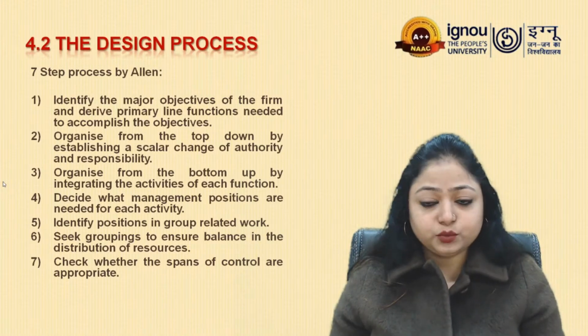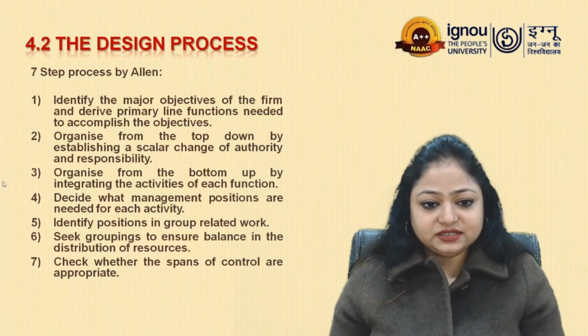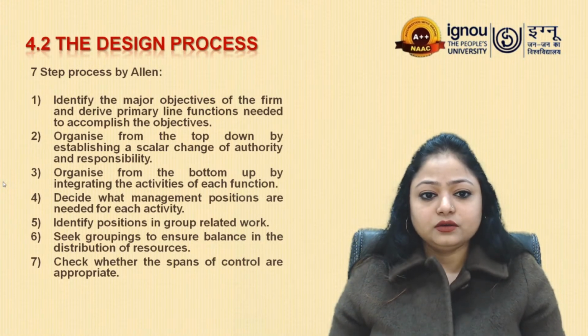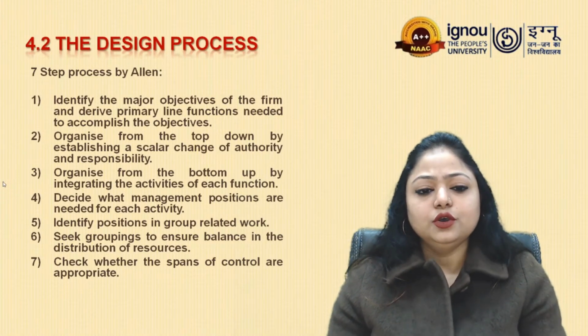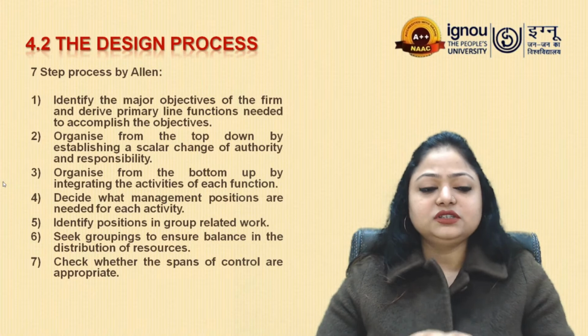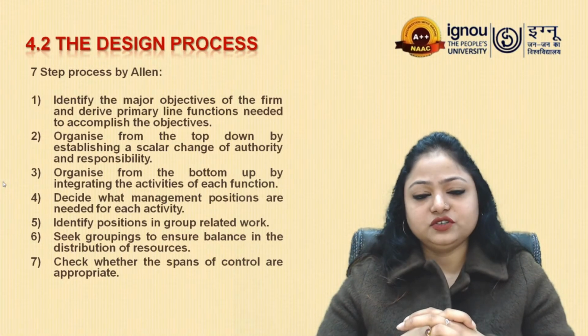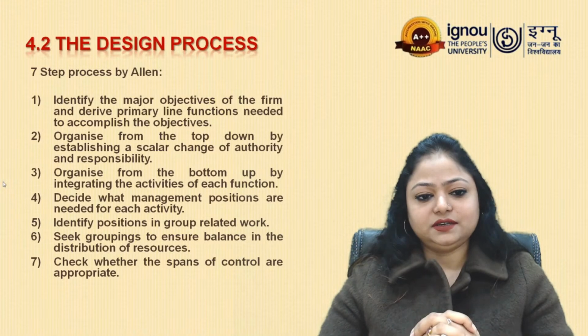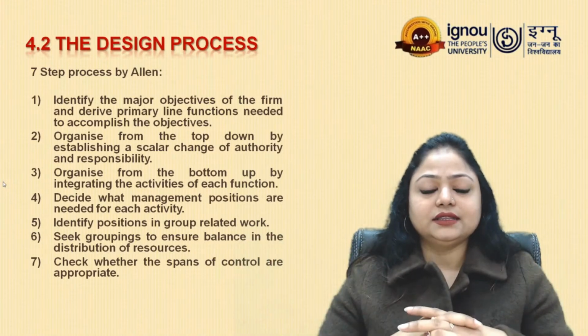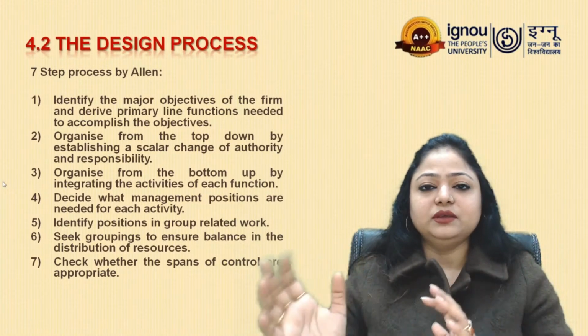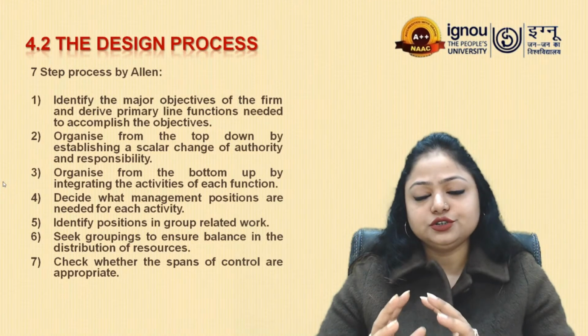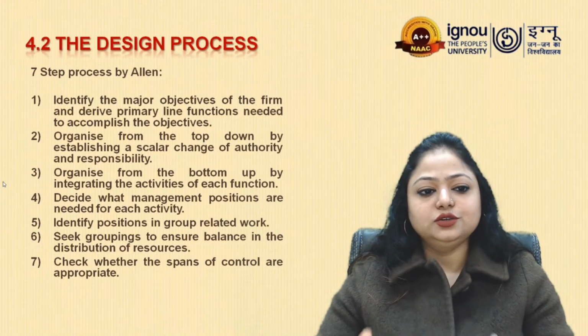Whatever positions or authorities we have assigned to the job positions, first it will come from top to down, the chain of command, and then the relationship of responsibility from bottom going upward. Then the fourth step is to decide what more management positions are needed for each activity. So the set of activities are there, several different departments are to be planned, and then we see what type of management positions should be there to supervise those activities.